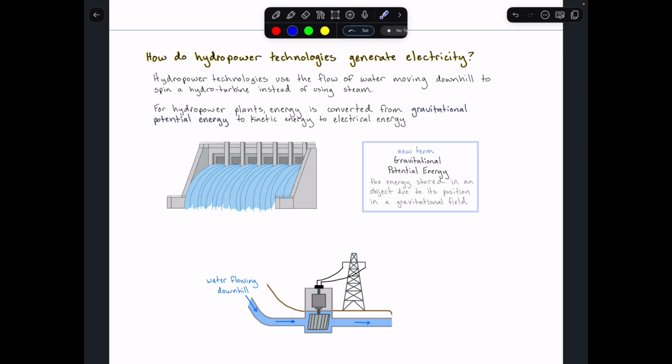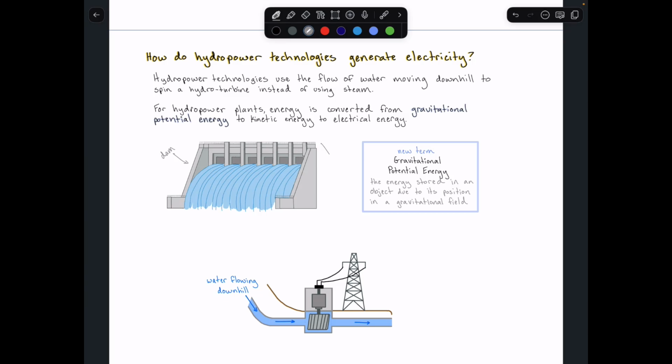And then when the operators want to produce energy, they release some of this water from this reservoir and allow it to flow downhill, which naturally converts the gravitational potential energy into kinetic energy. So how this works, this thing right here, this gray thing, which I've highlighted with my blue highlighter, is what is called a dam. So I'll label this as a dam.